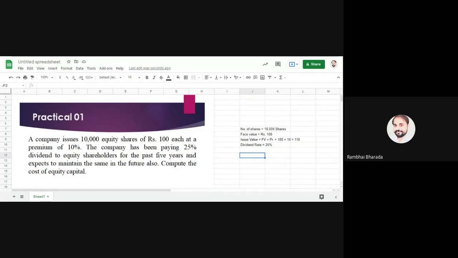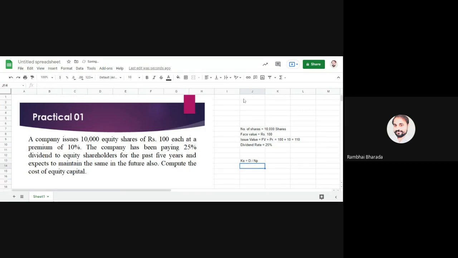Now put the formula here. Write down the formula for your cost of capital. We need to find the cost of equity capital. K stands for cost of capital, E means equity. So cost of equity capital is equal to D divided by NP.